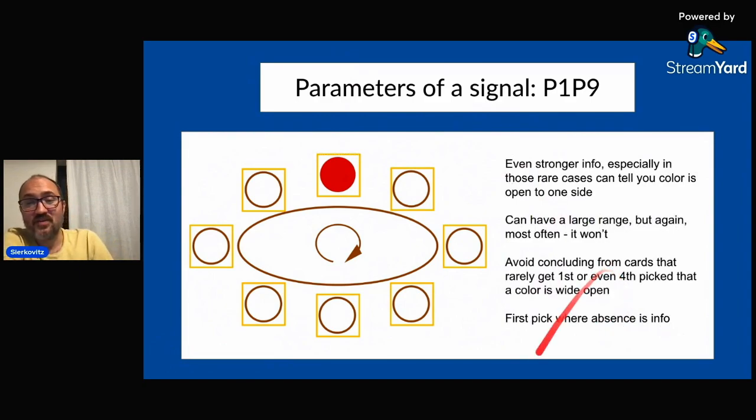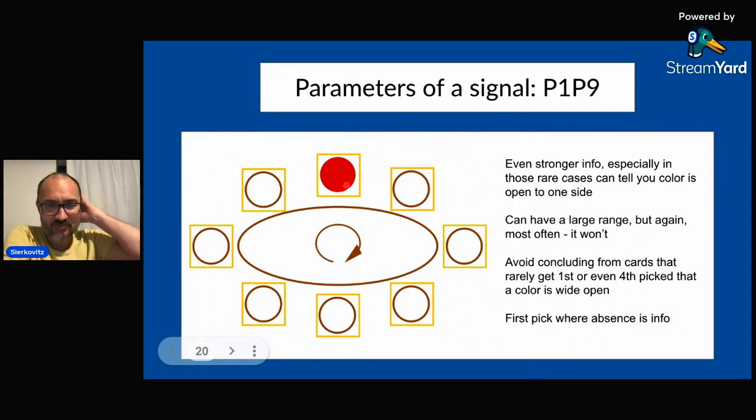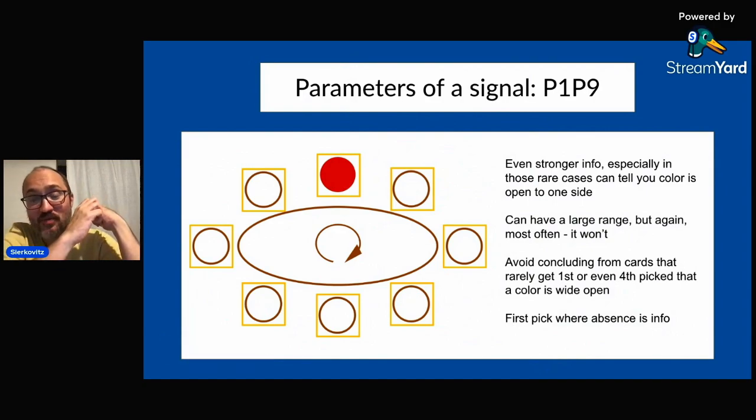So you can't really conclude from seeing that Improvised Club as your pick 9 that red is wide open. No, because this Improvised Club will just by chance, boosting their power level or something, wheel quite frequently.